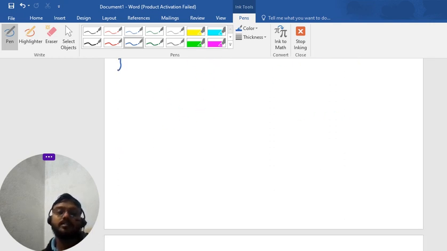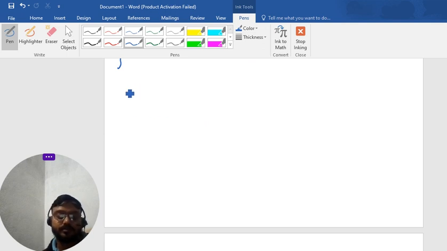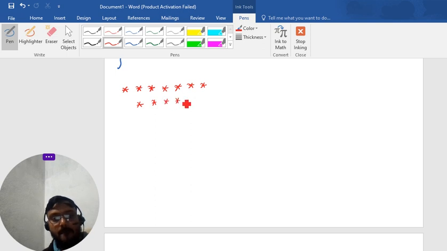Then next I need to have the lower half. Okay, this is for the lower half.